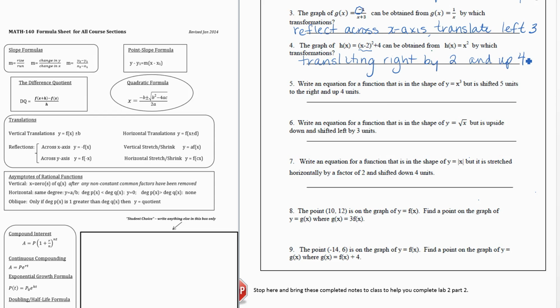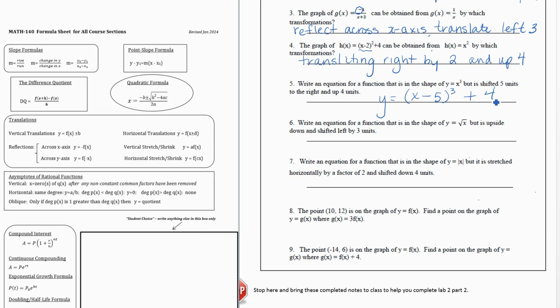So here we'll call this our new y, and inside where the x is, if we want to shift it right 5 units, remember right, we need to subtract. So x minus 5 cubed will shift it right 5 units. Now we want to move it up 4. Moving up or down, we add or subtract at the very end of the function. So moving up 4, we want to do plus 4.